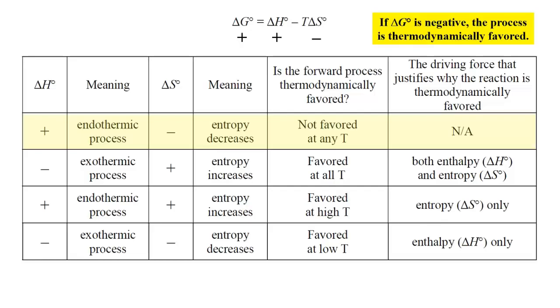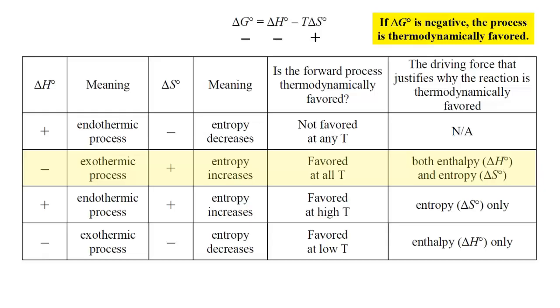Now, moving on to the next possibility, what if delta H is negative and delta S is positive? So mathematically, the delta G would always be negative no matter what the temperature is. So that process with a negative delta H and a positive delta S would be favored at all temperatures.